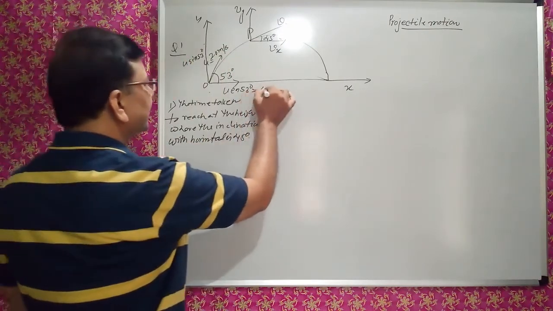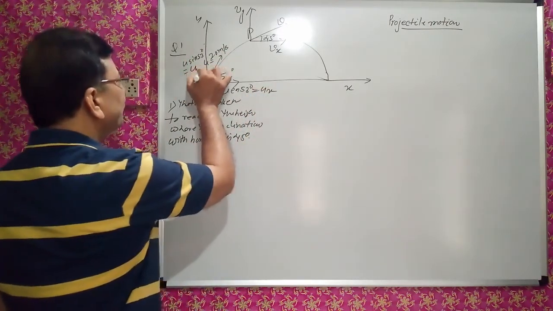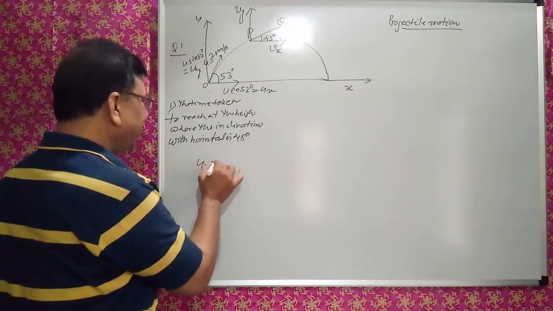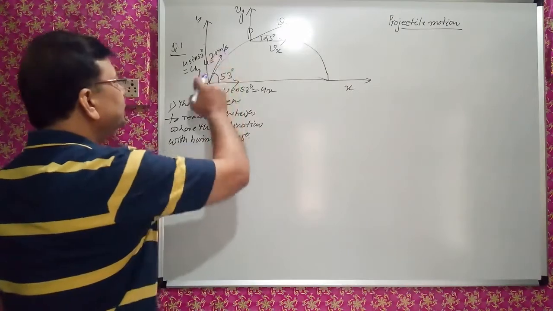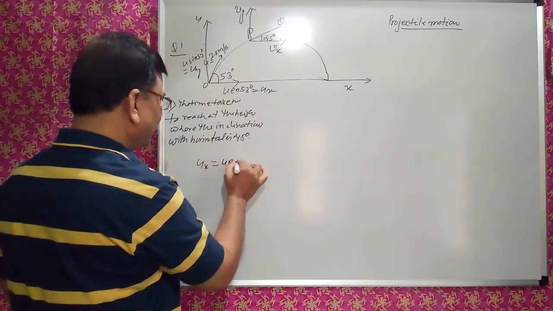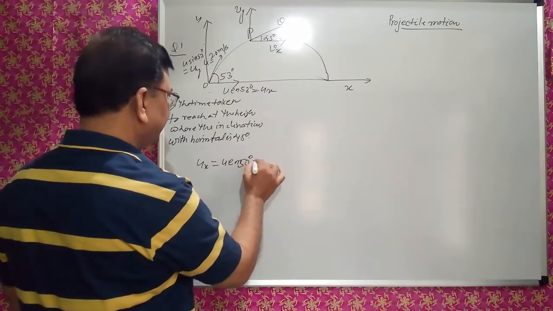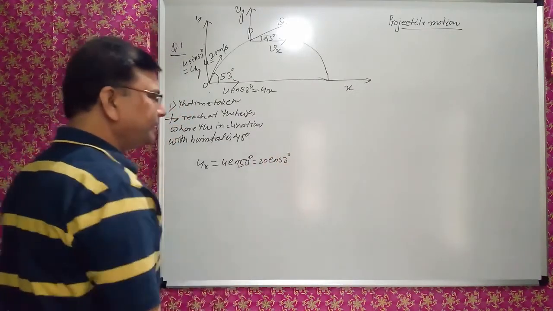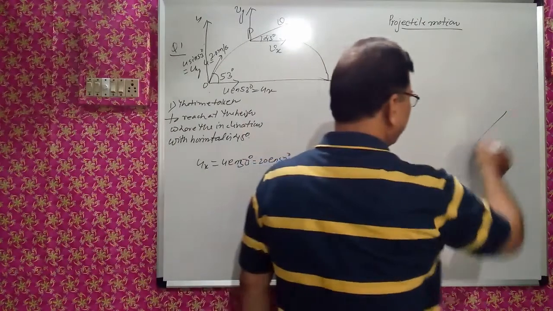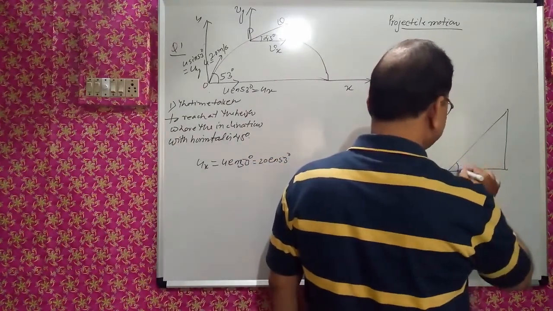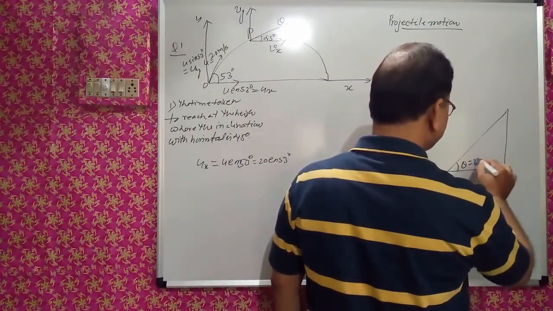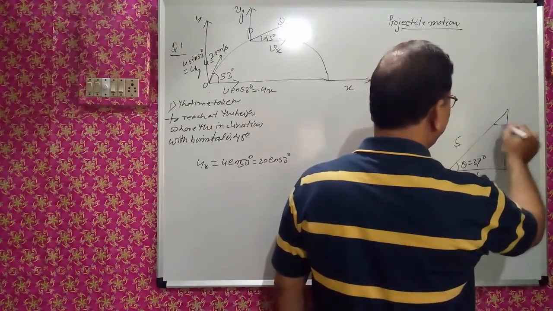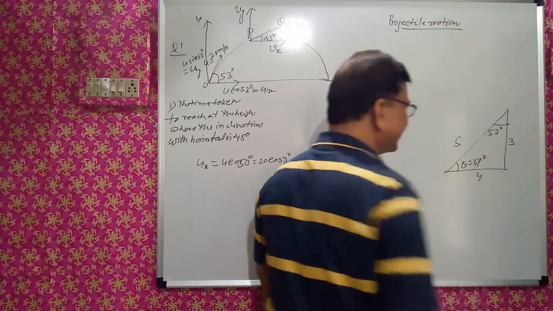So that is ux and that is uy. If theta is equal to 37 degree, that is 3, 4, 5, and this will be 53 degree in that case.